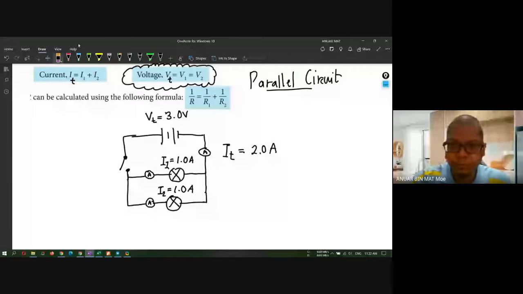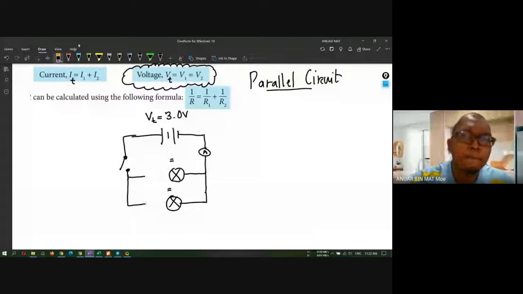So now, what is the voltage for bulb number 1, V1, and V2?